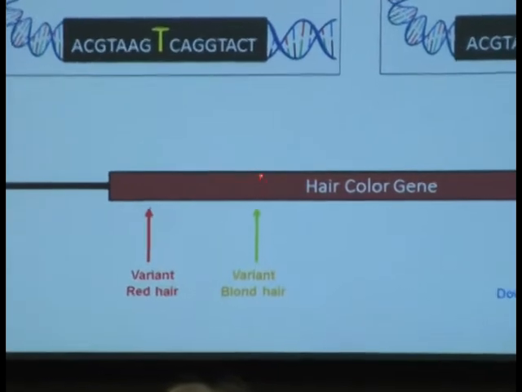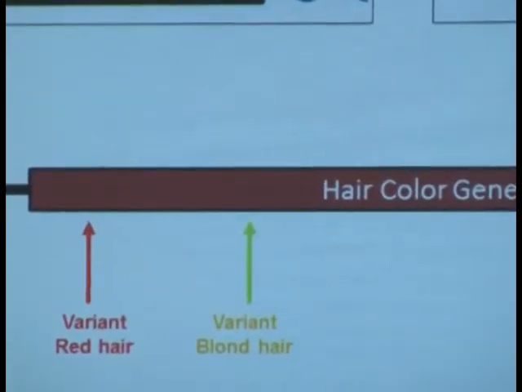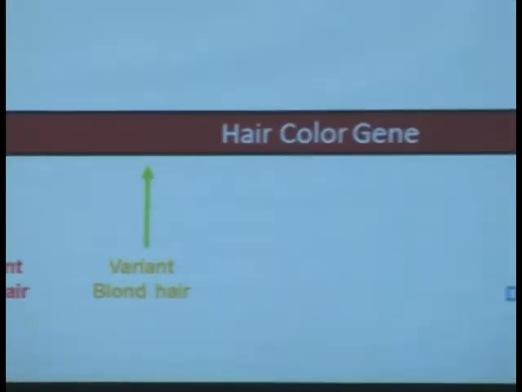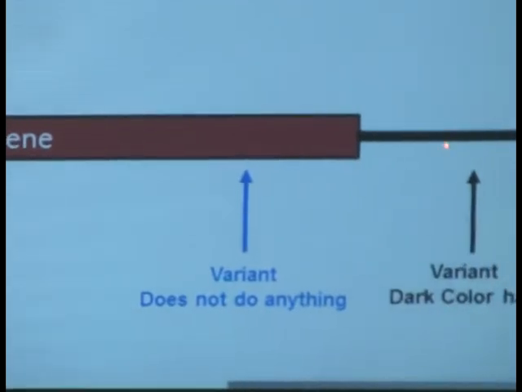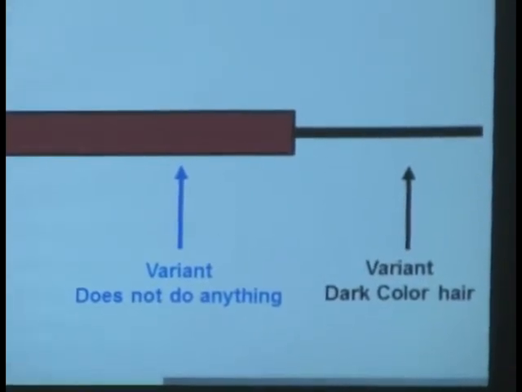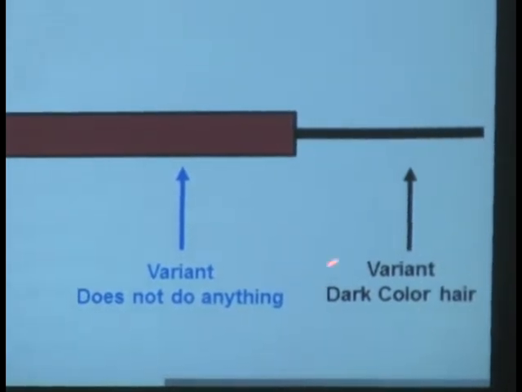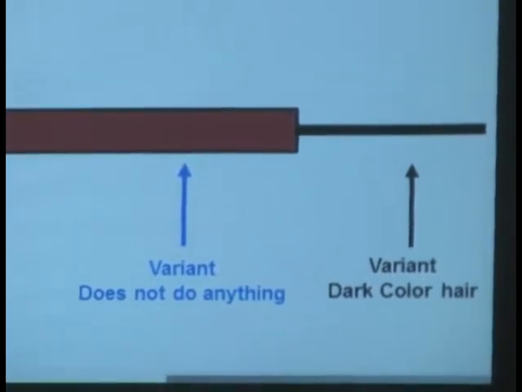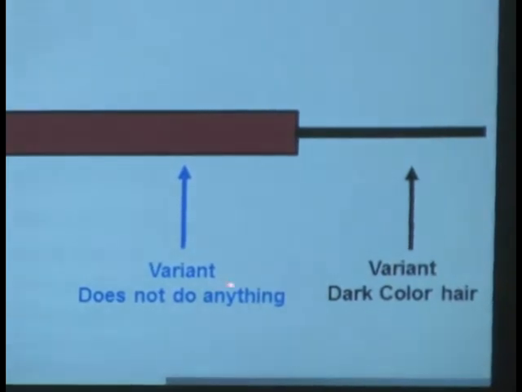Another person might have a genetic variant within this gene that might predispose you to have blonde hair. You could also have genetic variants even outside of a gene that regulate it in one way or the other, that might control the intensity of the color, whether you're light or dark. But more often than not, there are many, many genetic variants across the human genome that have no function whatsoever.